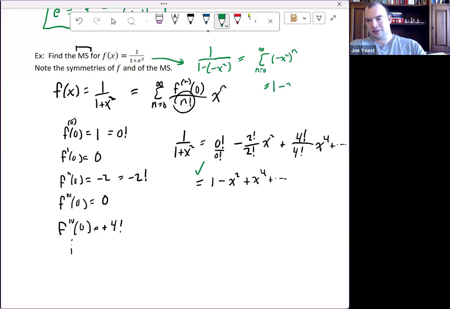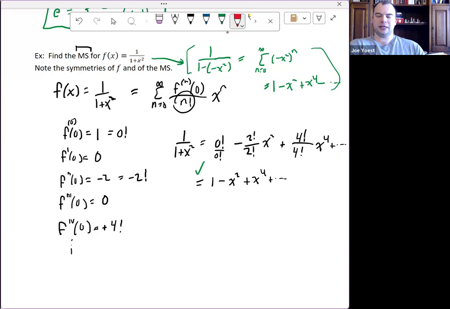When n is 1, I get minus x squared, and then plus x to the fourth when n is 2. So I would have gotten the same thing using this trick, but I was able to just use machinery to calculate this. In this case, using the trick would have been a lot quicker than doing all these derivatives. The derivatives just get pretty messy pretty quickly.